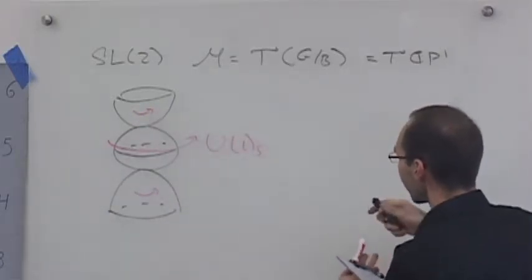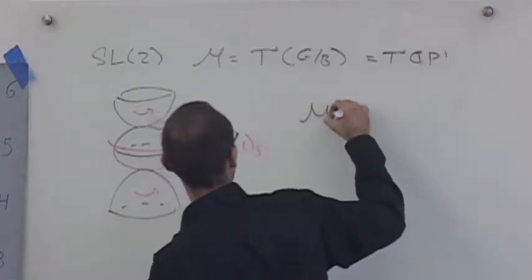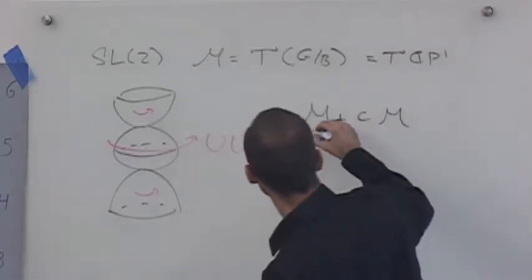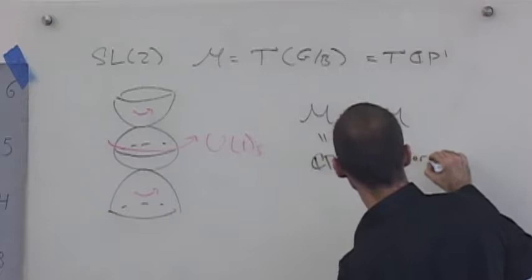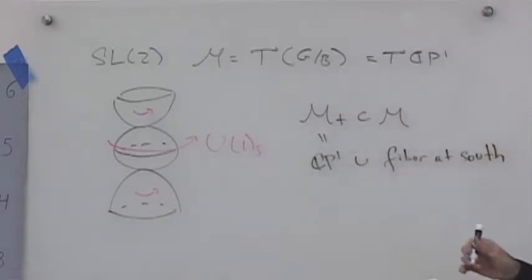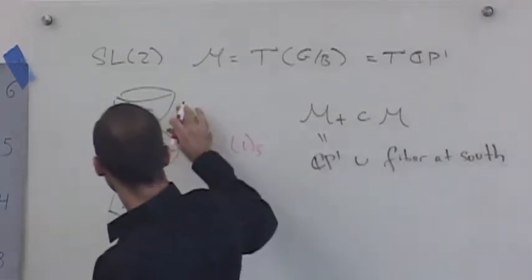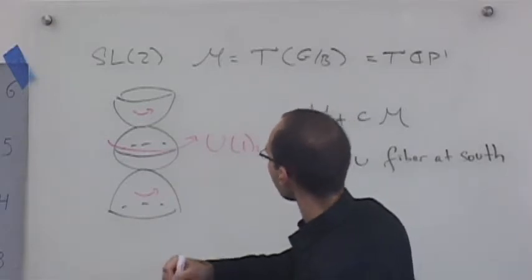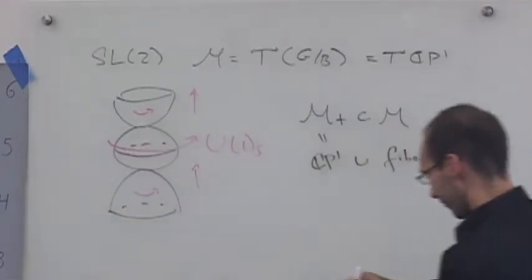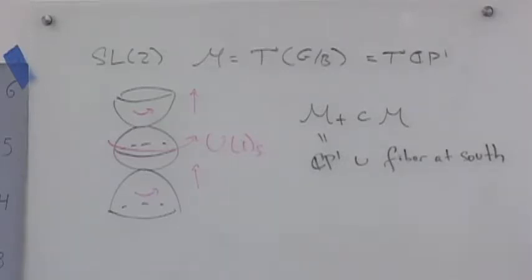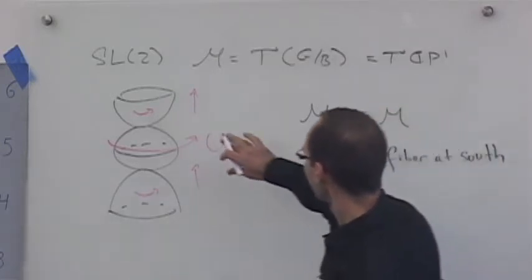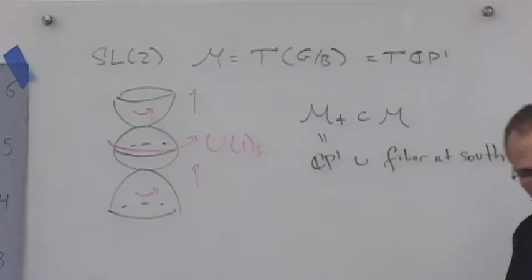The locus M plus consists of the base and the fiber at the south pole. And so how do I get that? The complexified C star action, the non-compact part of the C star action pushes everything up. And a really nice way to think of it is, in the hyperkähler situation, the non-compact part of the C star action comes from gradient flow with respect to the real moment map for the U1.